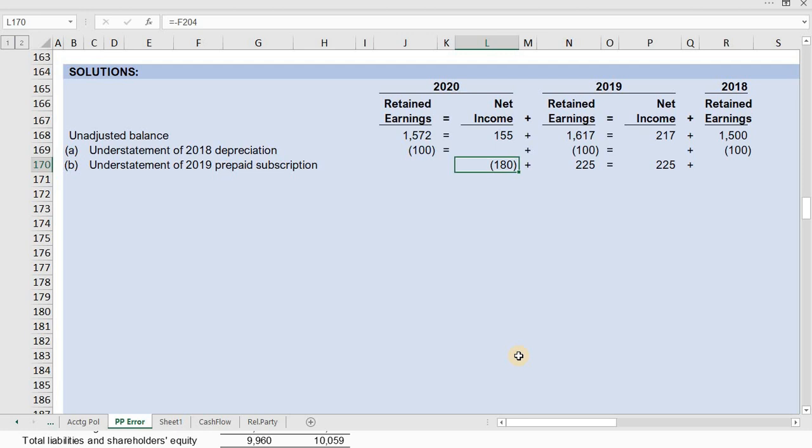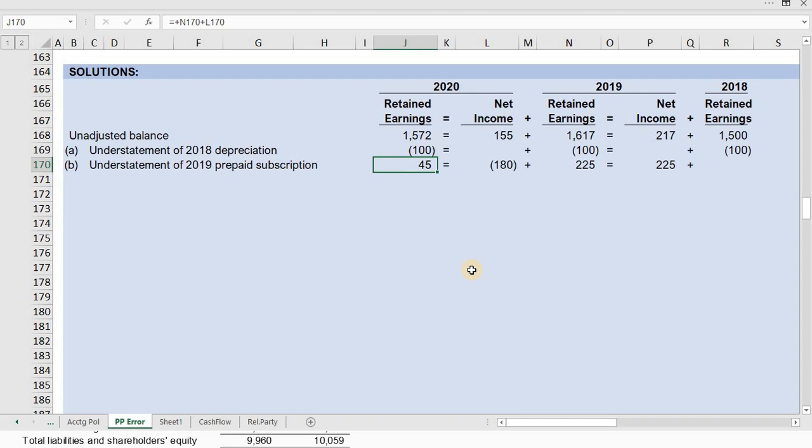Before we analyze, let us determine the adjustment based on the equations. So, 225 plus negative 180 is equal to positive 45. It means that the retained earnings is understated by 45 pesos. So in order to correct the understatement, we need to add back the 45 pesos.